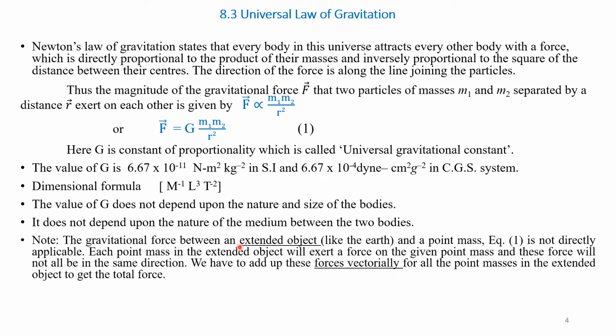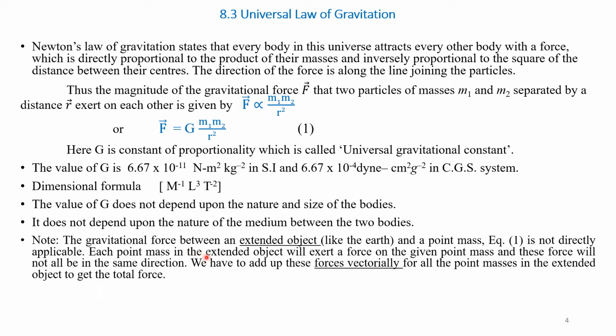Note, for the gravitational force between extended objects like Earth and a point mass, the equation is not directly applicable. That is, between Earth and a point mass, F is not equal to G m1 m2 divided by r square.